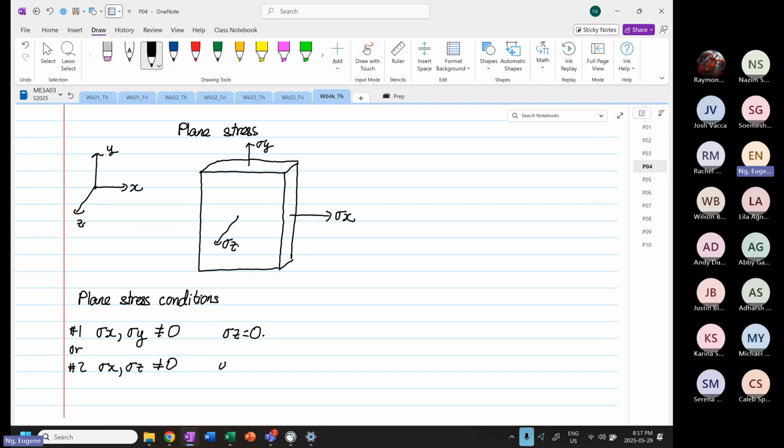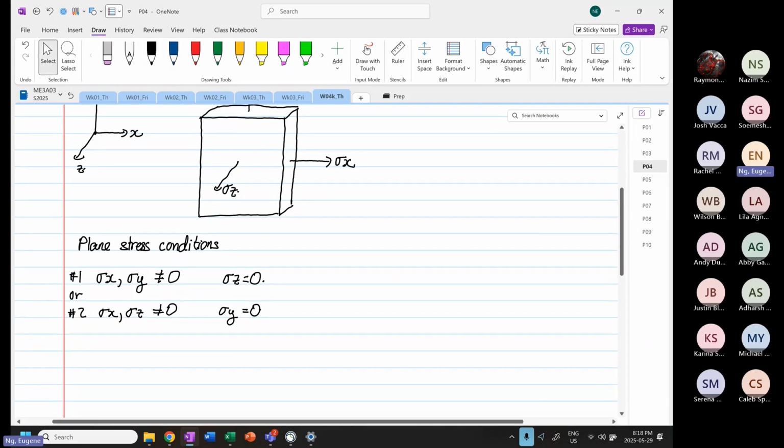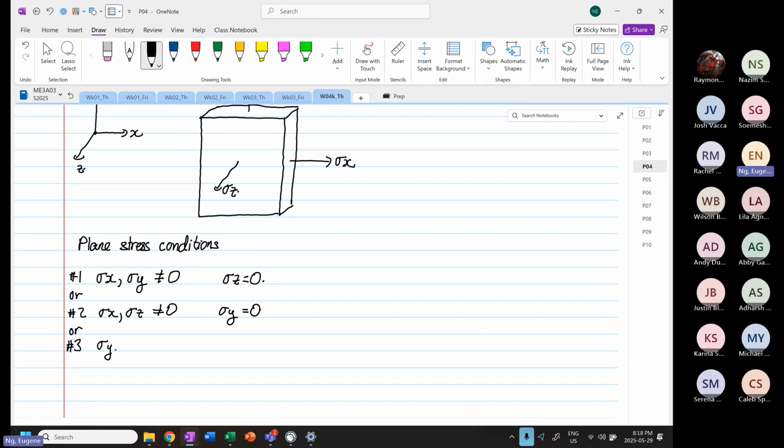So from here, stress y is equal to 0. Okay, or condition number 3, where we have stress y and stress z is not equal to 0, stress x is equal to 0.